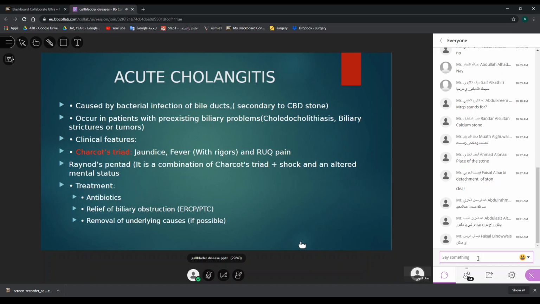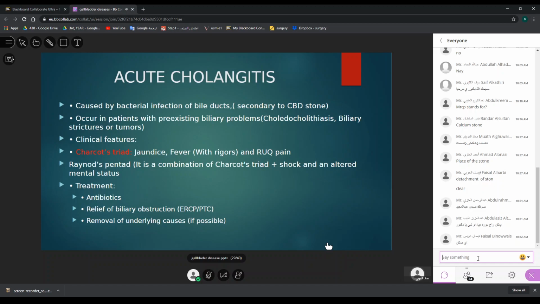Okay, we'll let you know. Abdulaziz Al-Dheeb, what does CBD stand for? CBD is common bile duct, doctor. If there is a stone in the common hepatic, it will block the bile coming from two different structures.